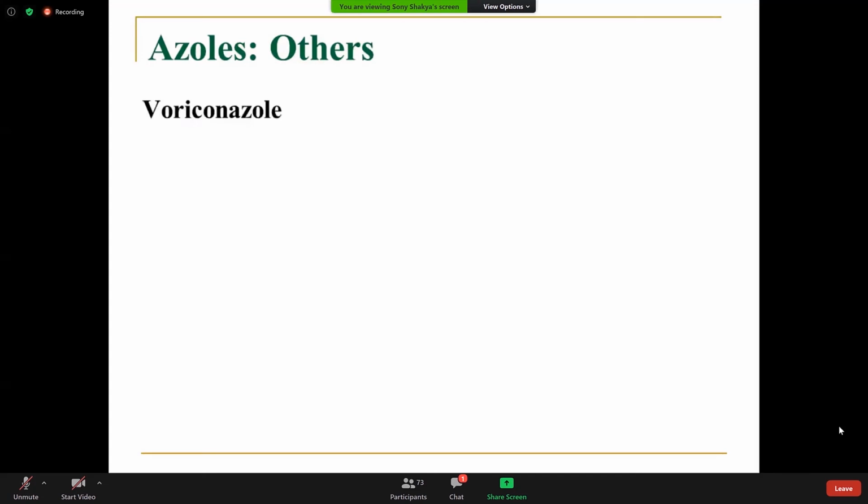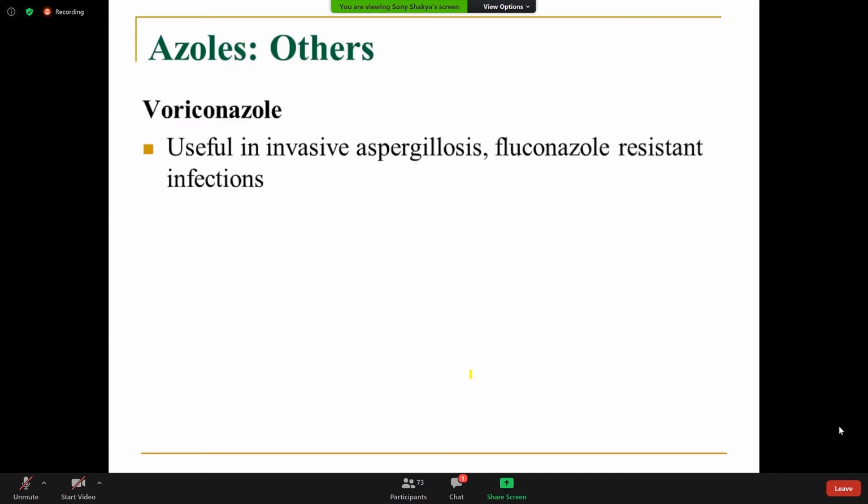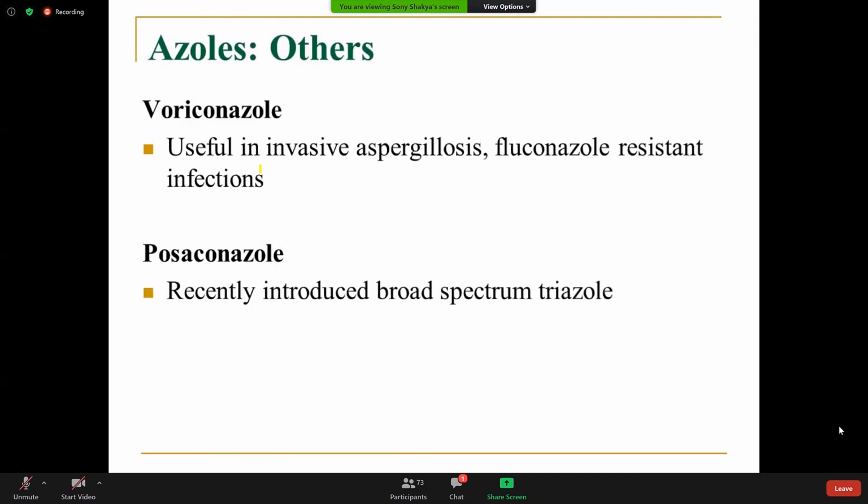Okay, and another is voriconazole. It's such a funny name, isn't it? Voriconazole is useful in invasive aspergillosis and fluconazole resistant infection. Posaconazole is a recently introduced broad spectrum triazole.